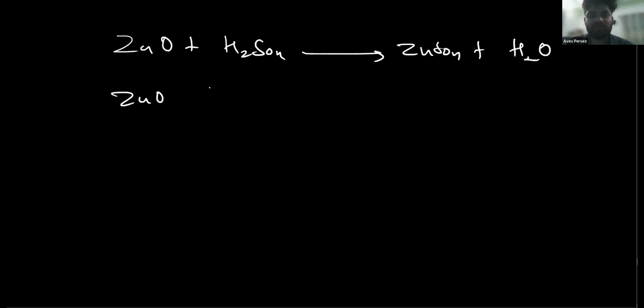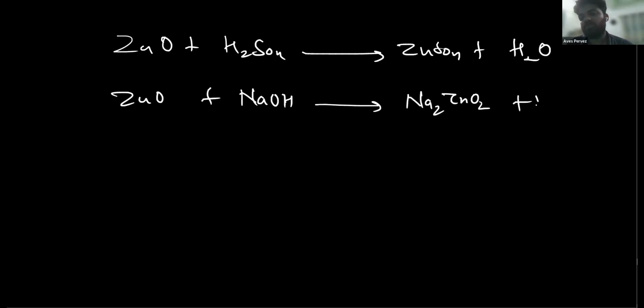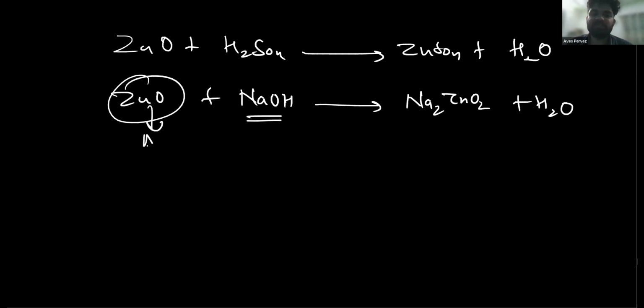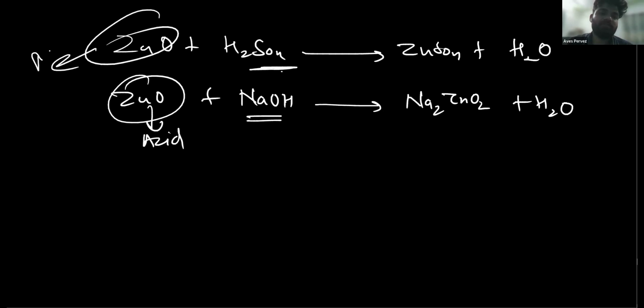But when ZnO reacts with NaOH, it forms Na2ZnO2 plus water. So in one case it is acting as a base, and in the other it is acting as an acid. So sometimes a metal oxide can act as both acid and base, but non-metal oxides cannot.